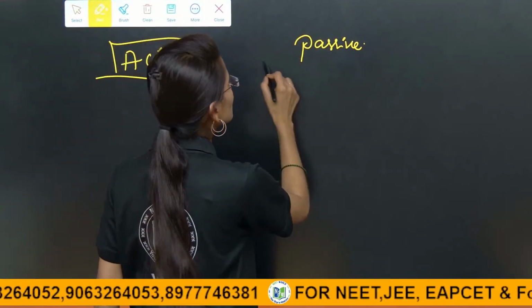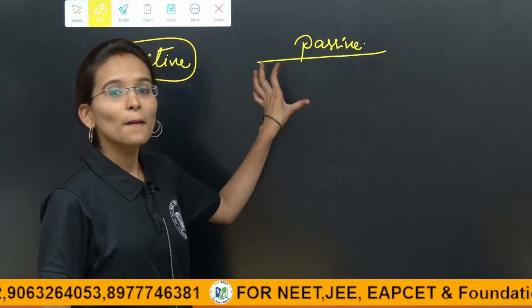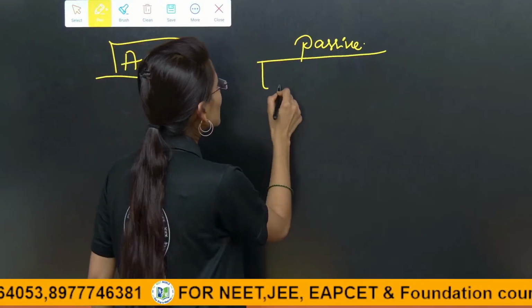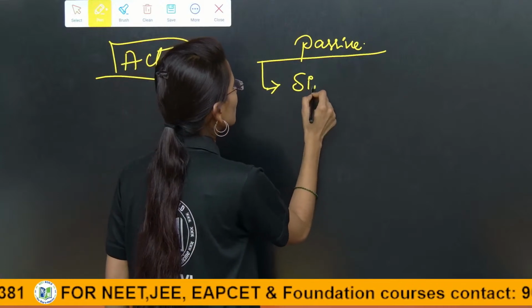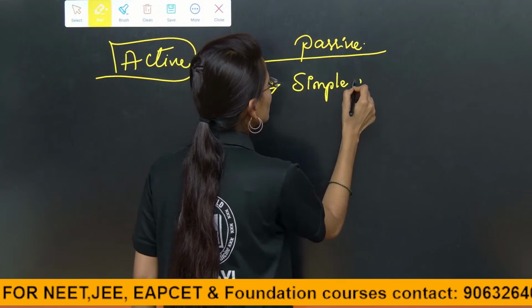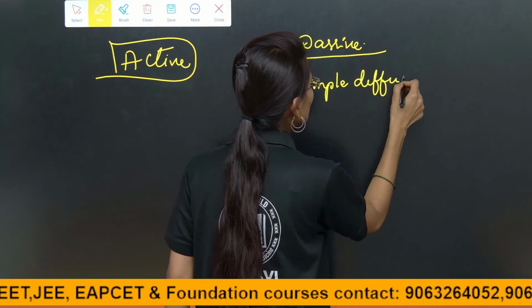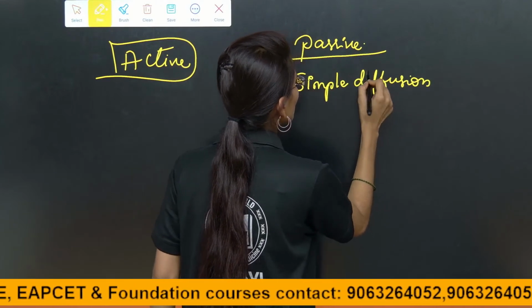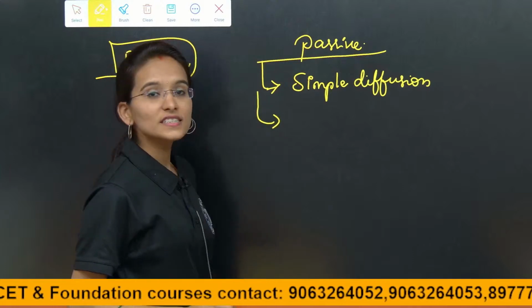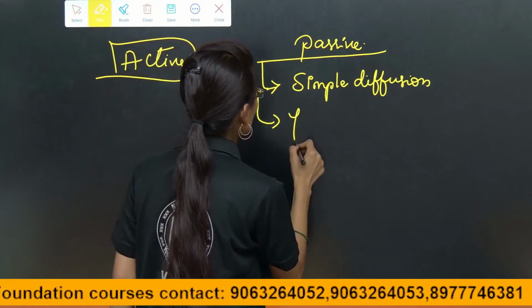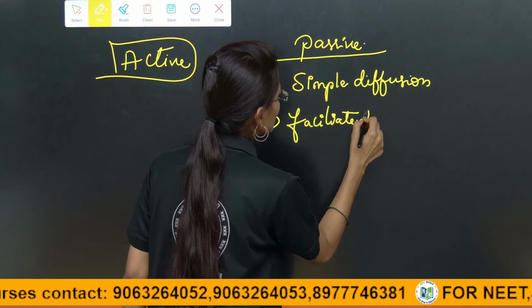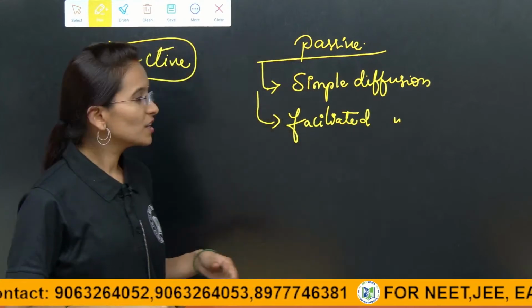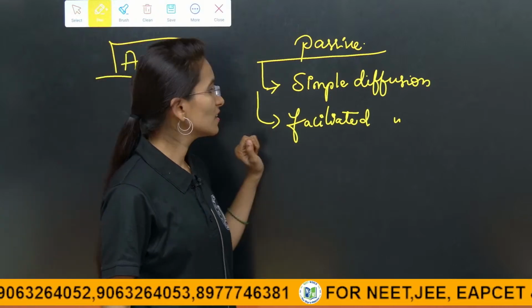First let's look into the passive transport. The passive transport is of two types: one is simple diffusion, and next is facilitated diffusion.